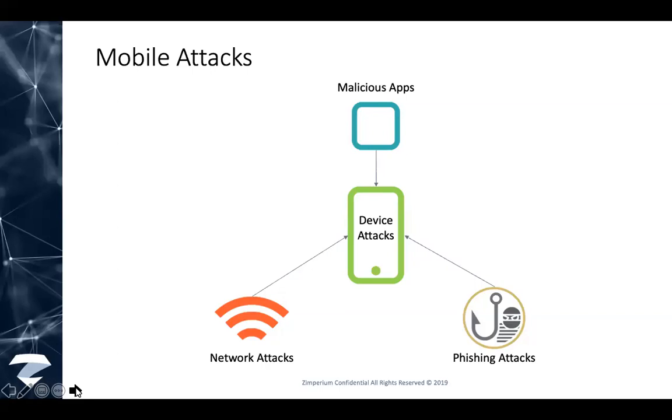In mobile, because all apps are in containers, the only way to be persistent is to compromise the device, elevate privileges, or get a malicious profile on there from an iOS standpoint. So device attacks are the focal point, the end-all, be-all from an attacker standpoint, and therefore also from a prevention and detection standpoint. The three others, malicious apps, network attacks, and phishing attacks, are all predominantly designed in some way, shape, or form to lead to a device exploit.